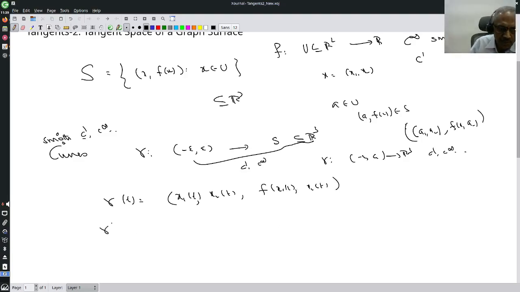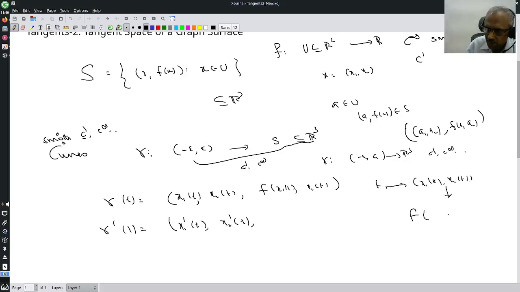Therefore gamma prime of t is x1 prime of t, x2 prime of t, and by using the chain rule, with t going to (x1(t), x2(t)) and that going to f of this object, I have: let me write dou f by dou x as a single notation fx, and dou f by dou y as fy.